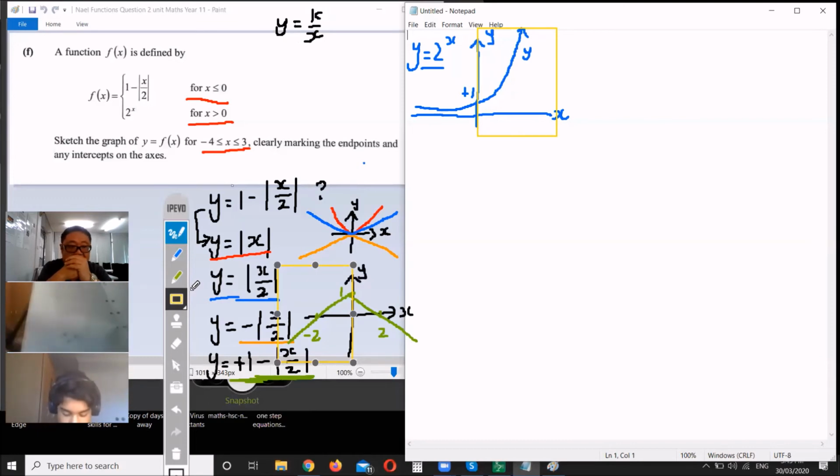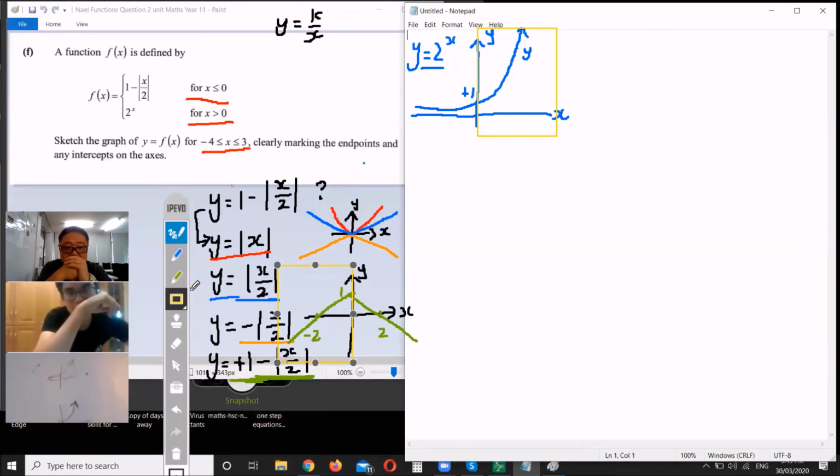Yes, absolutely. Now, have we got full marks? Clearly marking the endpoints and any intercepts on the axis. I think so.